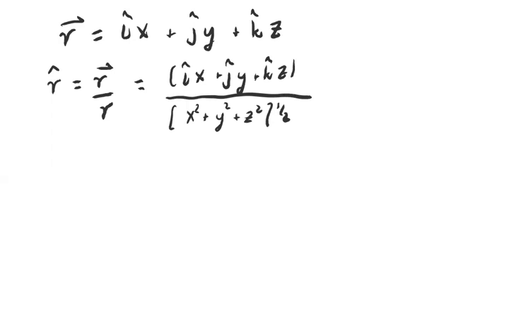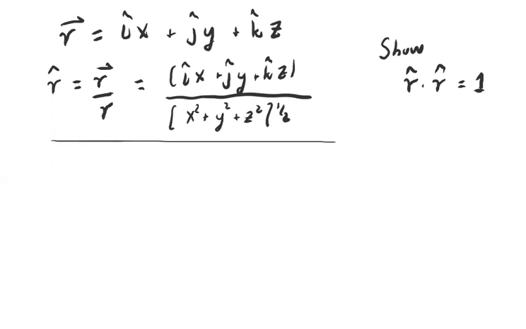So you need to show that the radial vector dotted into itself gives 1. And that's very easy to show just by using the definition of the radial vector here. So in terms of vectors and unit vectors, that's really it for Cartesian coordinates.